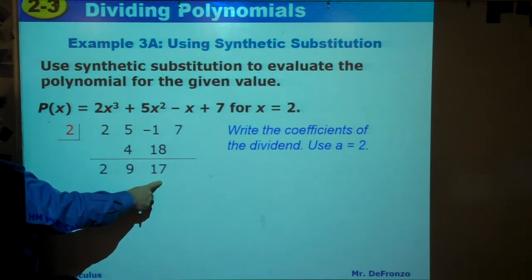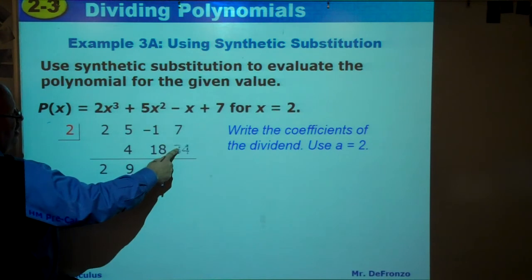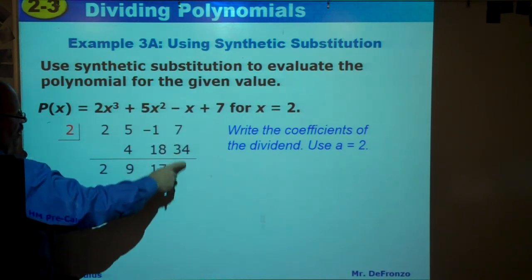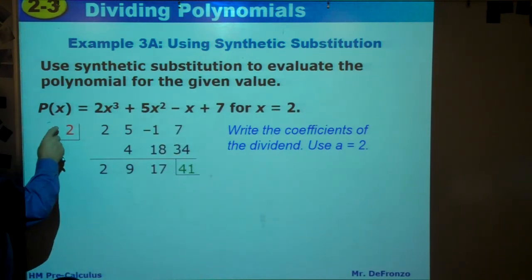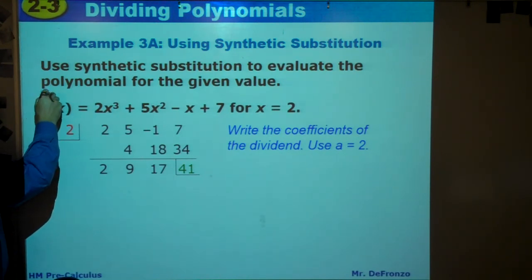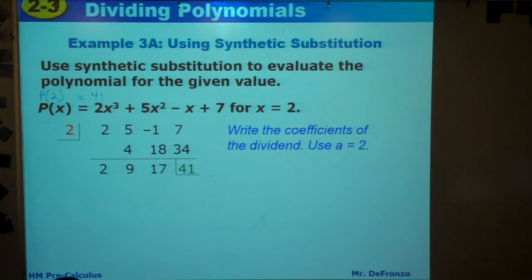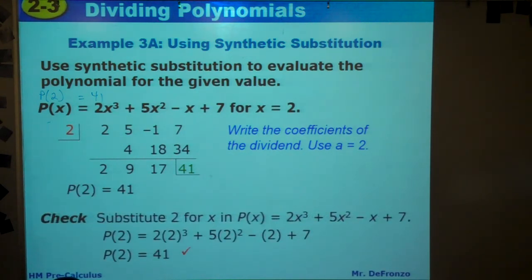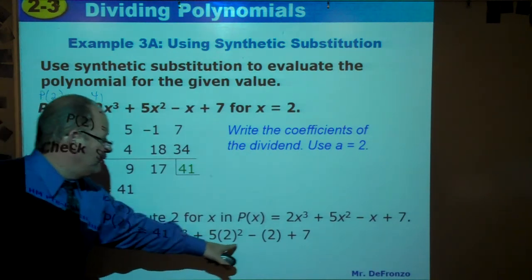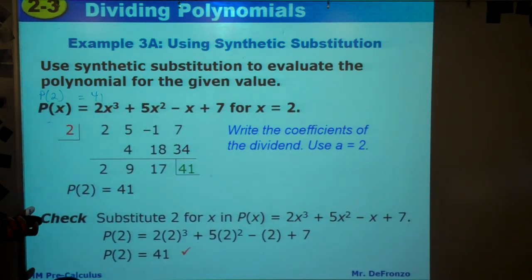Combine is 17. 2 times 17 is 34. Combine is 41. So right here, p of 2 in this function is 41. Substitute it. It works.